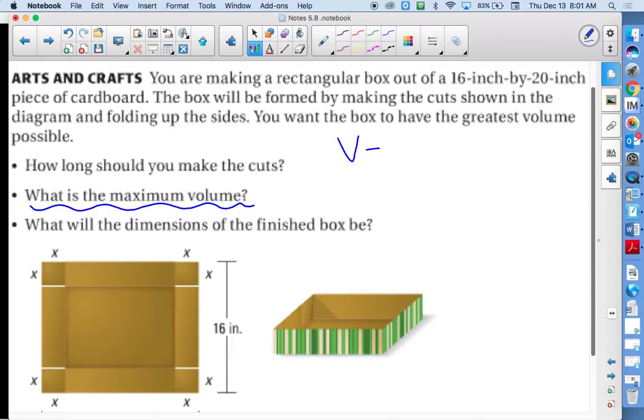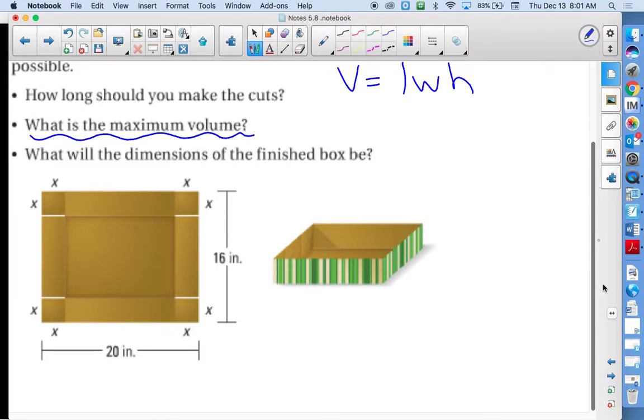And we talked about volume before, earlier in the chapter when we were trying to find the volume of a planter. Because we were putting dirt in it and we wanted to have the volume that was inside. So how do you find a volume? Julian? Right, length, width, height. So if you look at the diagram, the length, there we go.